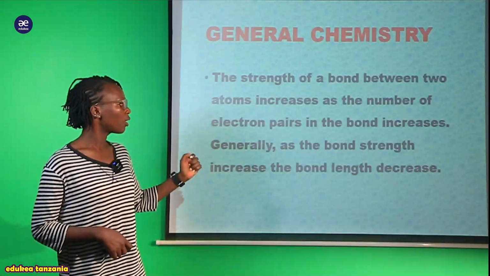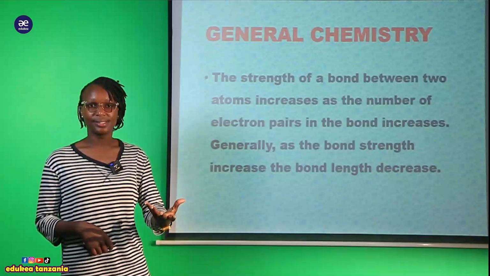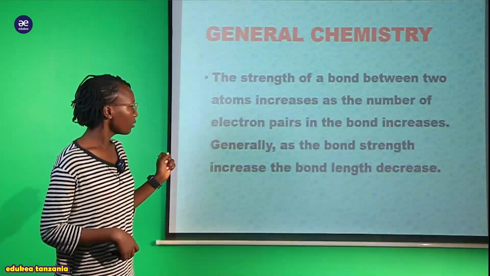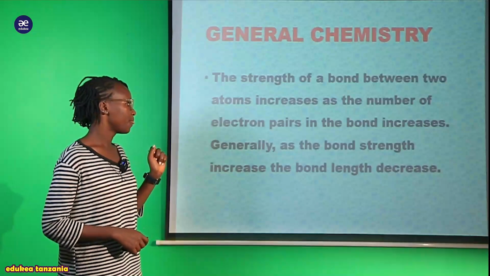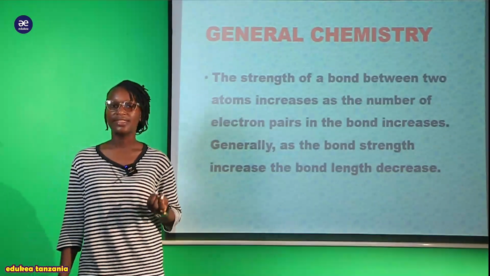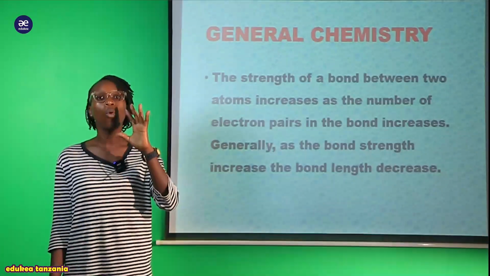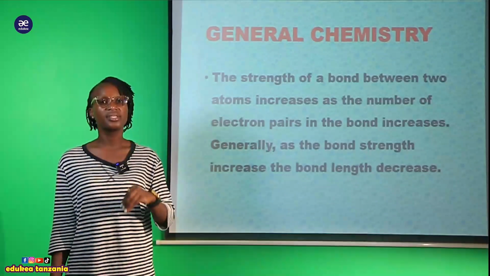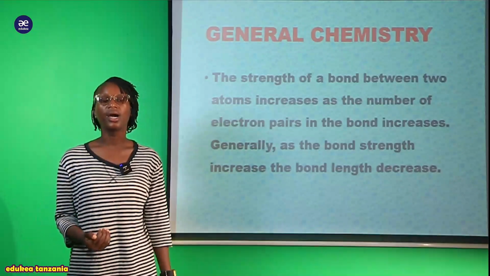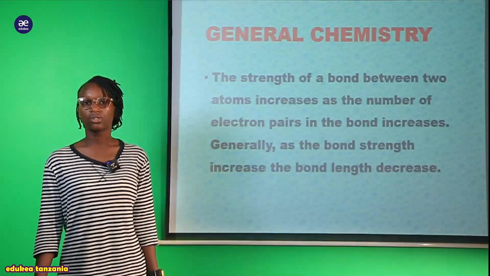So now, as we see, when we increase the number of electron pairs, it also increases the strength. Therefore, generally, we can say that as the bond strength increases, the bond length decreases. It means they are inversely proportional. If the strength of the bond increases, the length of the bond becomes smaller, it decreases.